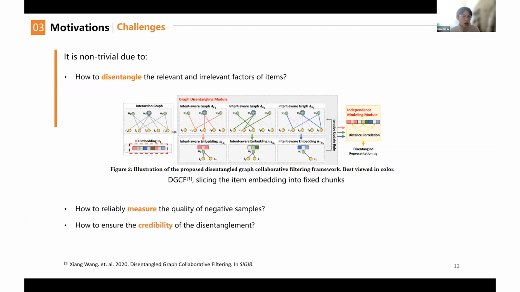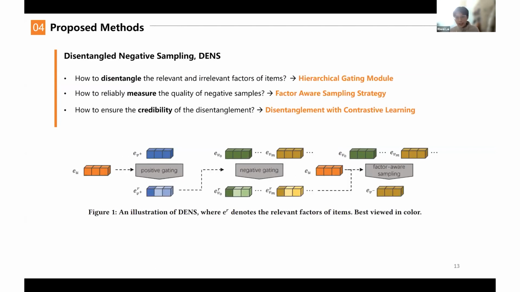The third is how to ensure the credibility of disentanglement. As we know, there is no ground truth to guide the learning, so it's very hard to ensure the credibility of disentanglement. To achieve this, we propose the disentangled negative sampling method, DENS, which consists of 3 parts to address the above 3 challenges.